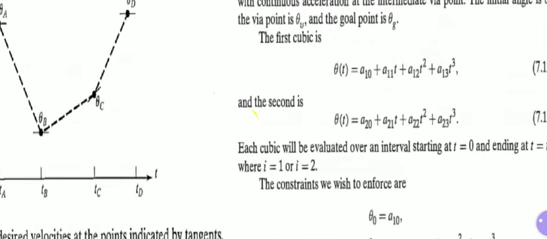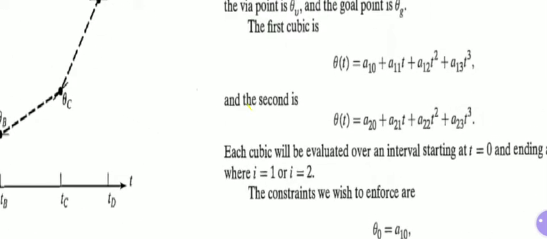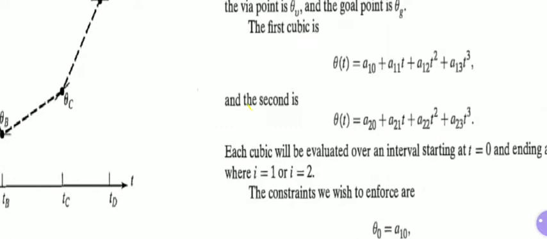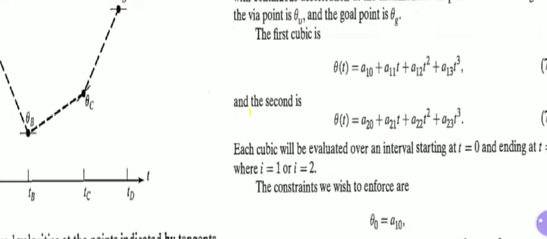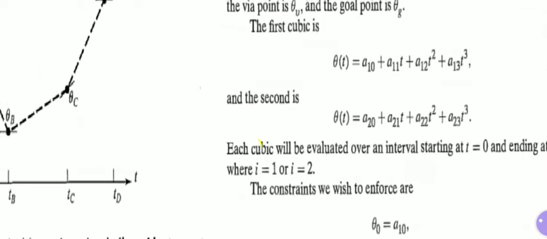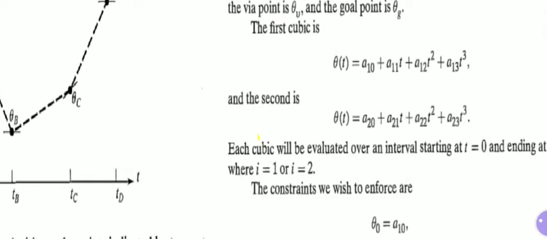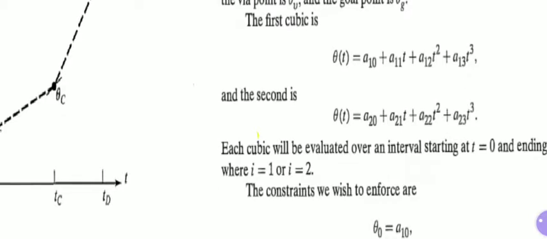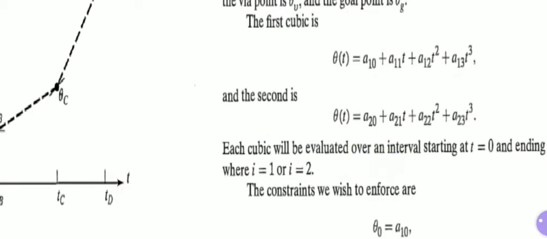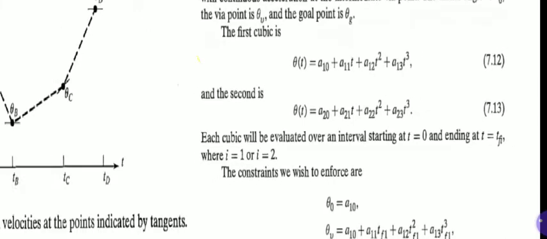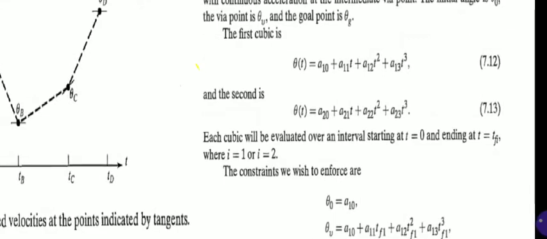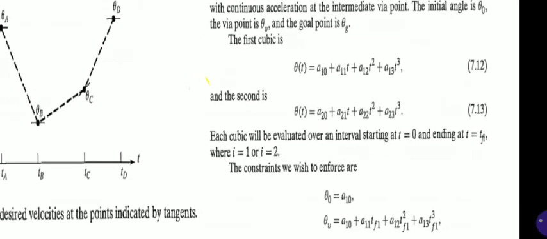For the trajectory equations, the first cubic is theta of t equal to a10 plus a11 t plus a12 t square plus a13 t cube, while the second is theta of t equal to a20 plus a21 t plus a22 t square plus a23 t cube. Here these are the coefficients for the two different cubic functions that we have to define.